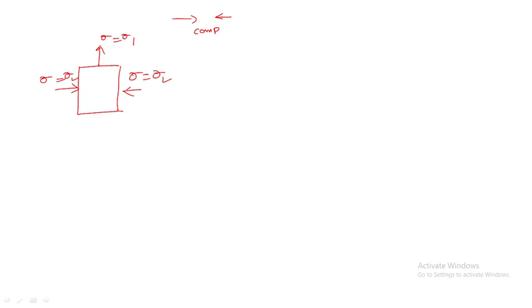So we can say this is compressive stress. Next, at the bottom, sigma equal to sigma 1. That is a tensile stress, right? They are going away from the point, that is a tensile stress.